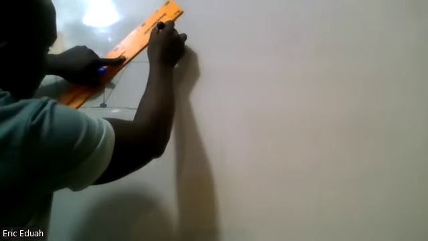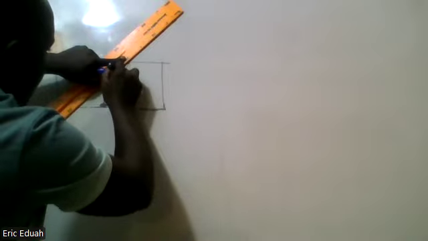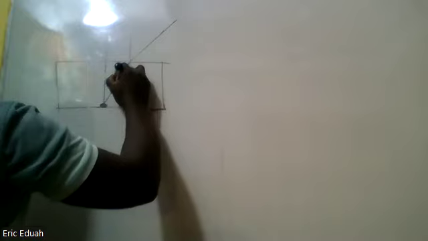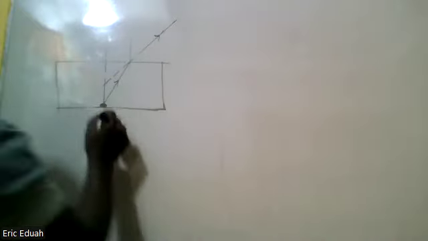So when you extend back the path of the refracted ray, that becomes the position of the object. So an observer looking at it from above sees the object this way, which is an optical illusion.